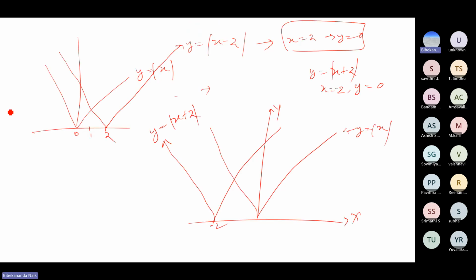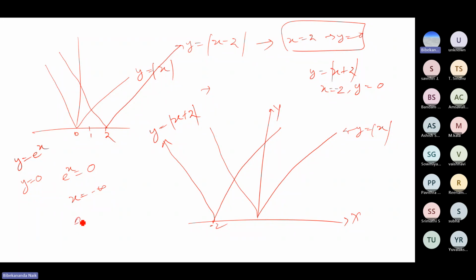Suppose we want to plot y equal to e to the power x. For y equal to 0, e to the power x equal to 0. So what will be the value of x? The value of x will be minus infinity. So at x equal to minus infinity, it will be y equal to 0.